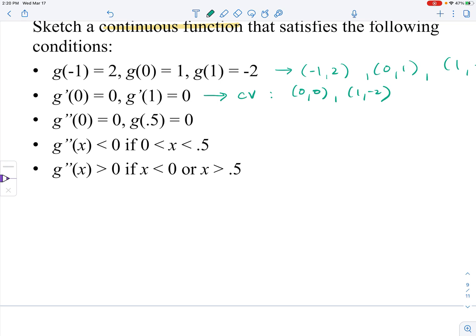And then the third line gives us information about the second derivative. So g double prime of 0 is equal to 0. Interesting. 0 is a critical value and a hypercritical value. So that should be (0, 1).